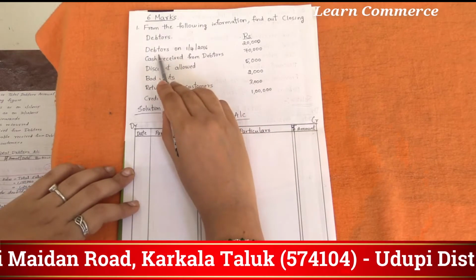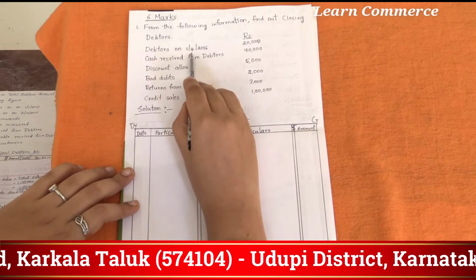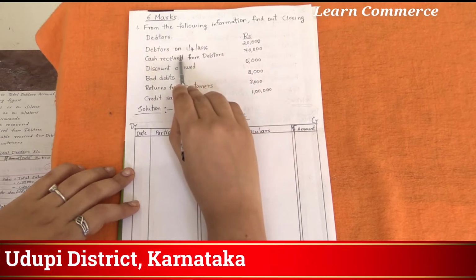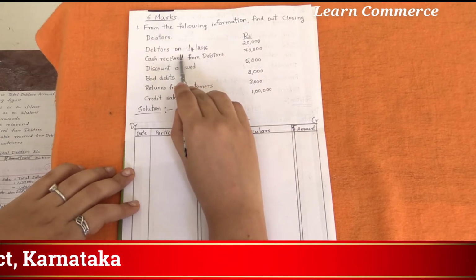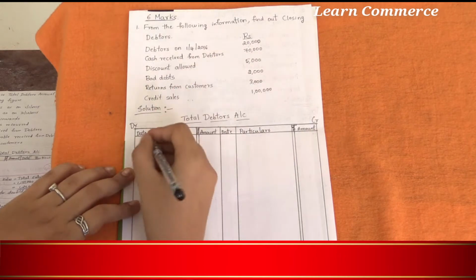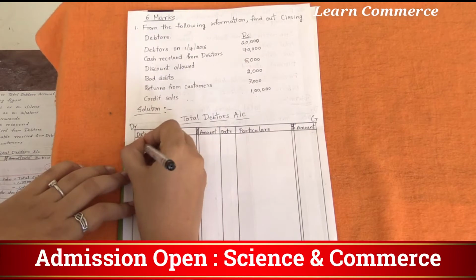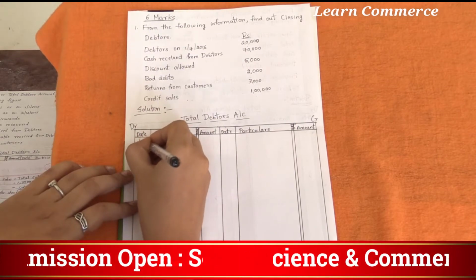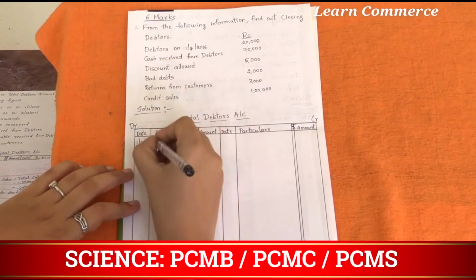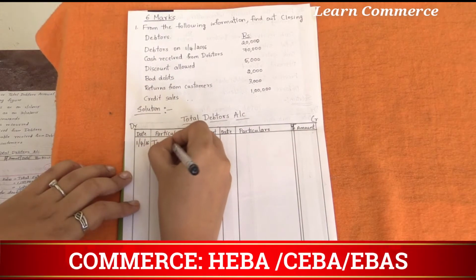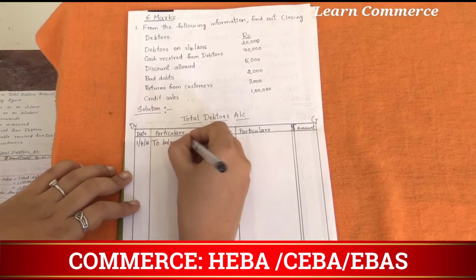Here first one, debtors on 1st April 2016, 20,000. It is nothing but the opening balance of the debtors. So here write the date given here, 1/4/2016. That is to balance brought down.